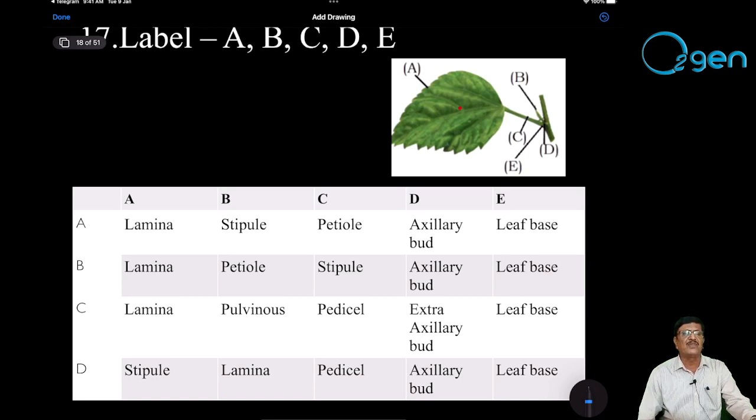In absence of that, it is called a sessile leaf. D is axillary bud, and E is leaf base. In some leaves, that is a pulvinus leaf base. Here it is a normal leaf base. So option A is correct.